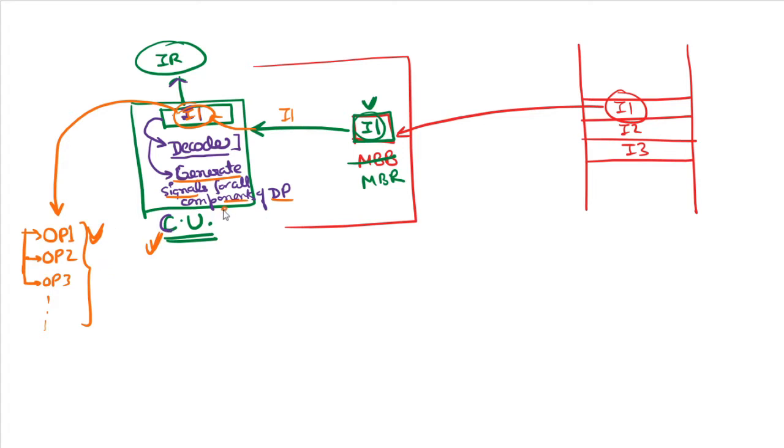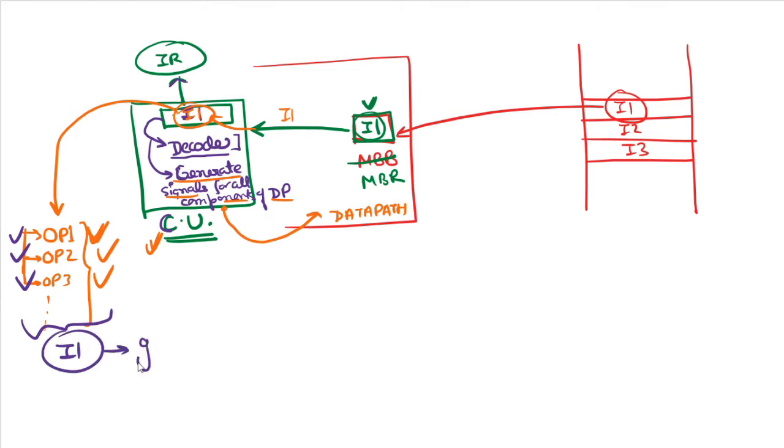Then it will send all these signals to all the components of data path. And once all these operations get executed, then we say that instruction I1 got executed.